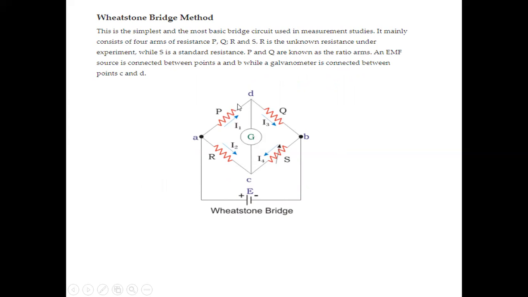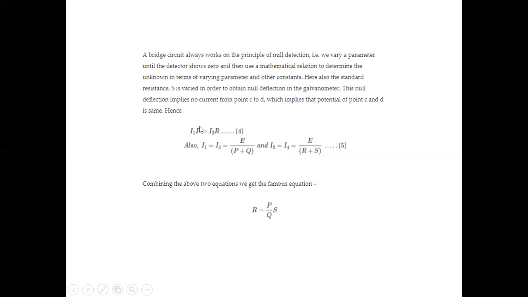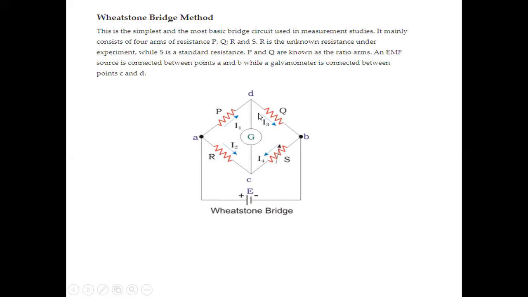So the voltage drop I1 times P is equal to I2 times R. Also I1 is equal to I3, because no current flows through the galvanometer, and I2 is equal to I4. The same current flows towards point B.